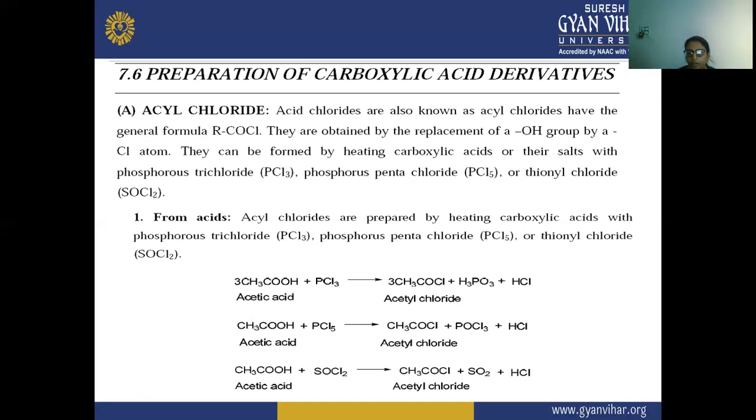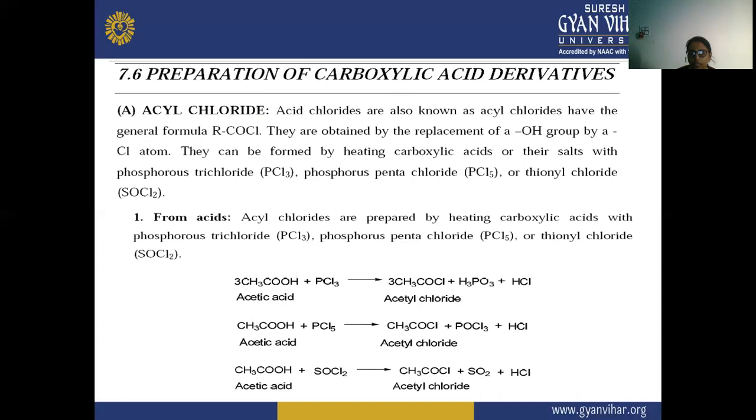Acid chlorides can be formed by heating a carboxylic acid or their salt with phosphorus trichloride, phosphorus pentachloride, or thionyl chloride.